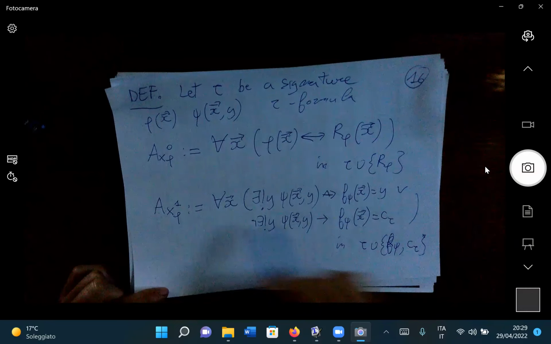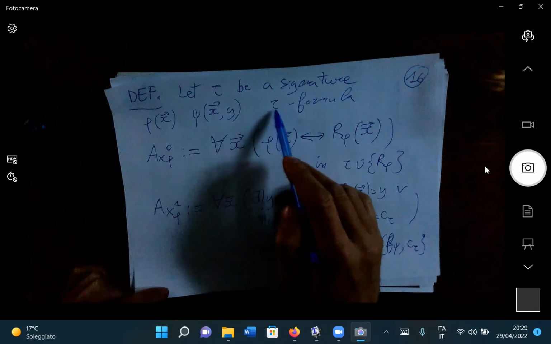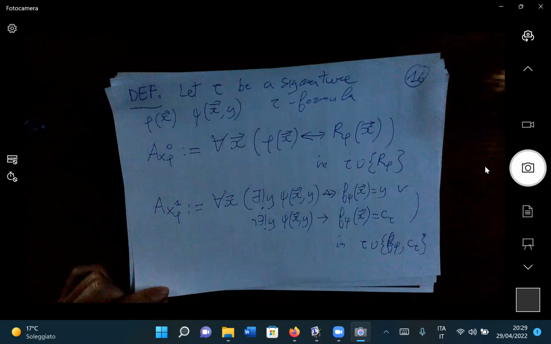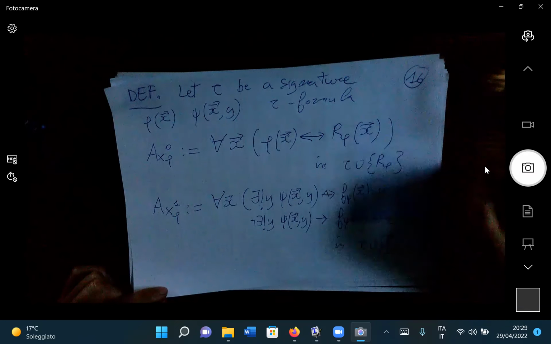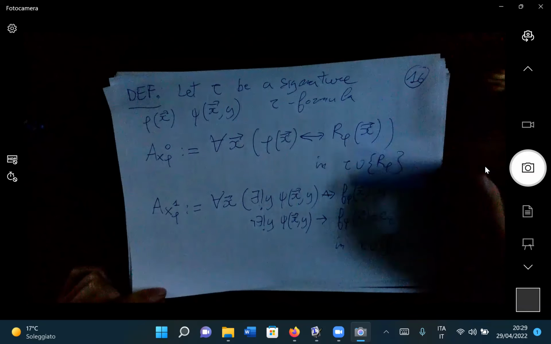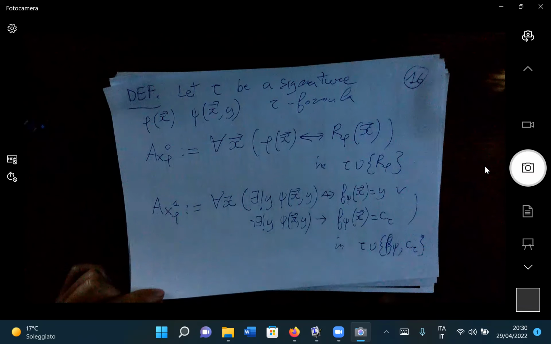Because the point is that with this, if I have a tau structure, I have a unique possibility to extend this tau structure in order to become a structure which realizes those axioms. There are no other choices.